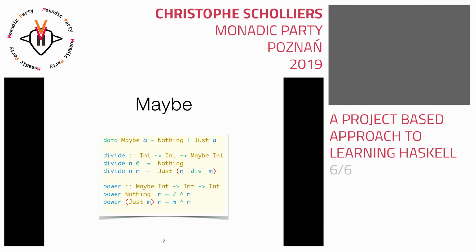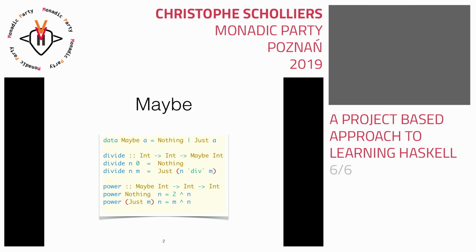Okay. And then for the power, this Maybe thing can also be used as an argument. So if you want to take the power of maybe an integer to another integer, and you give back another integer, well, if it's Nothing, then you return 2 to the power n, and otherwise you take out the m from the Just, and you take the power to n, right?